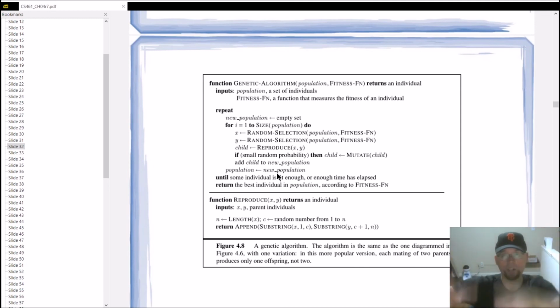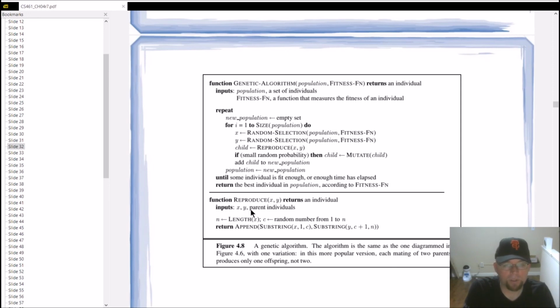So start off with your initial population, figure out who's going to be members of the new population by this process, and then toss the old population, and then the new population becomes the old population, and then you do it again. Okay. So this reproduce function here is just talking about doing the crossover.